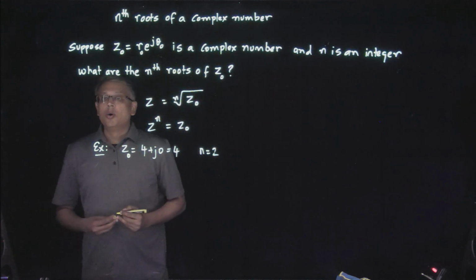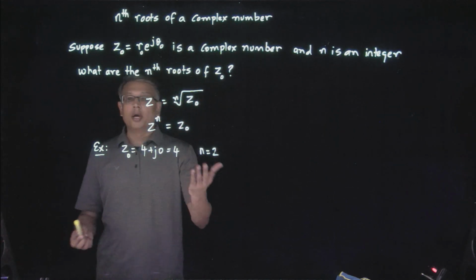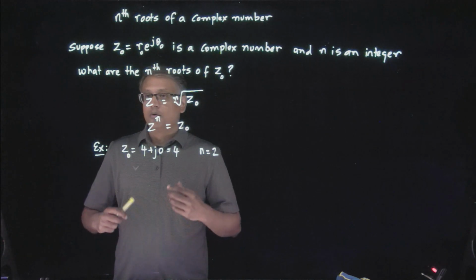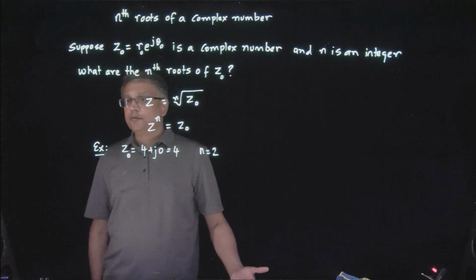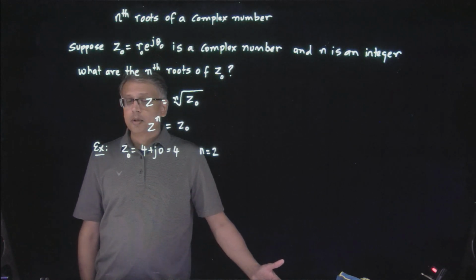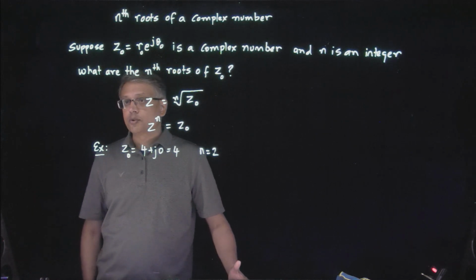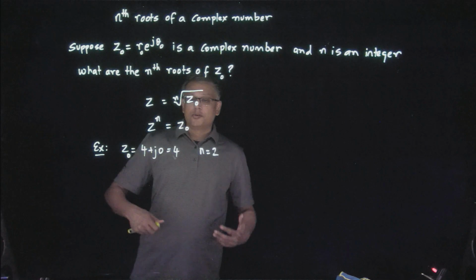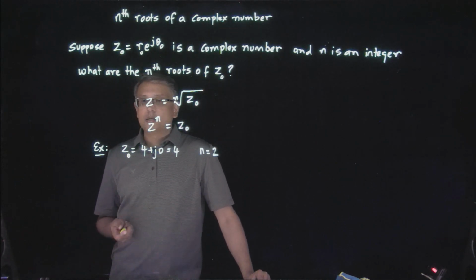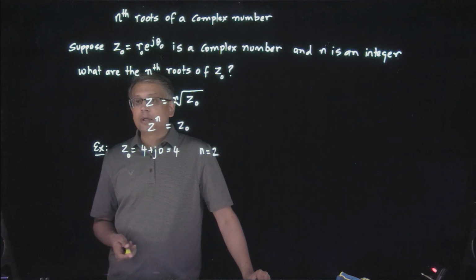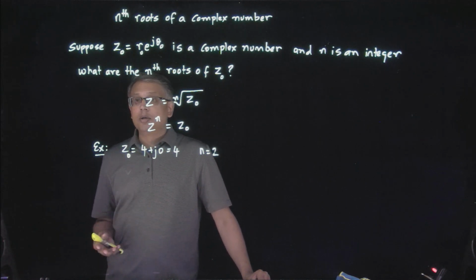I asked you what are the square roots of 4. Now, you know that both 2 and negative 2, when you square them, are going to give you 4, right? So there are two possibilities for the square root of 4, but by convention, we usually take the positive value as the square root of 4. Nevertheless, we say that there are two numbers which when you square are going to give you 4.